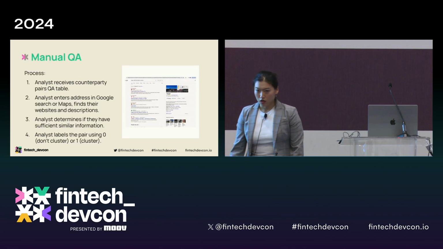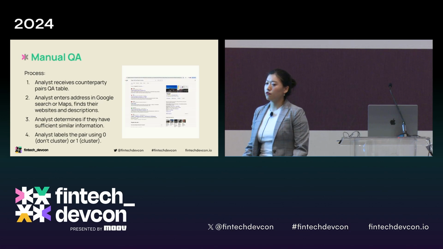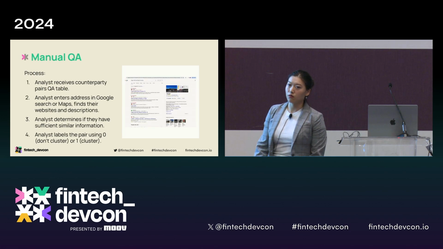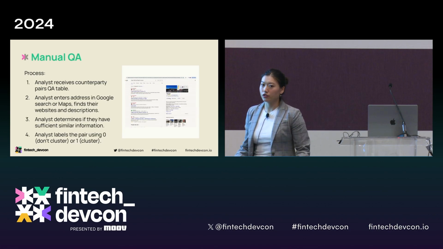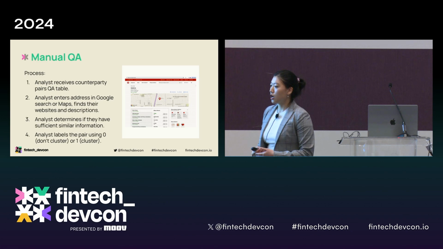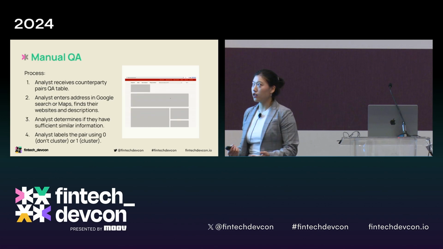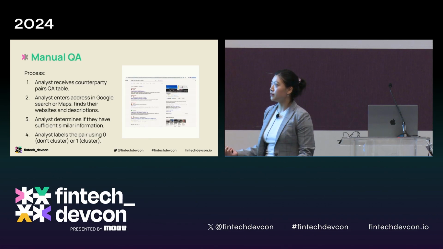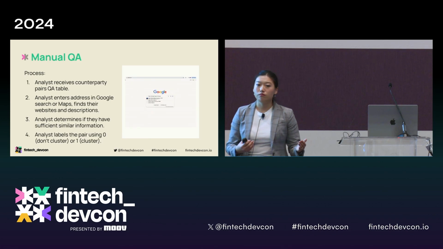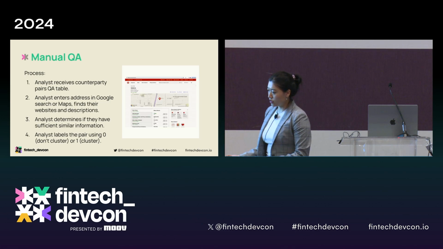All right, so manual QA. This is the first and most basic approach that we've tried. We have a group of contractors. We have this team look through the records that could theoretically belong to one of the high priority counterparty clusters, and they manually determine whether to cluster them or not.